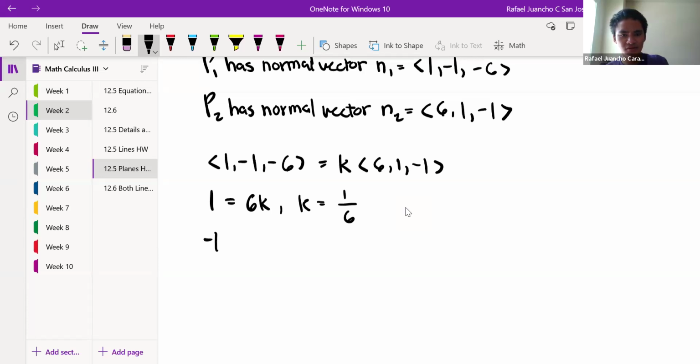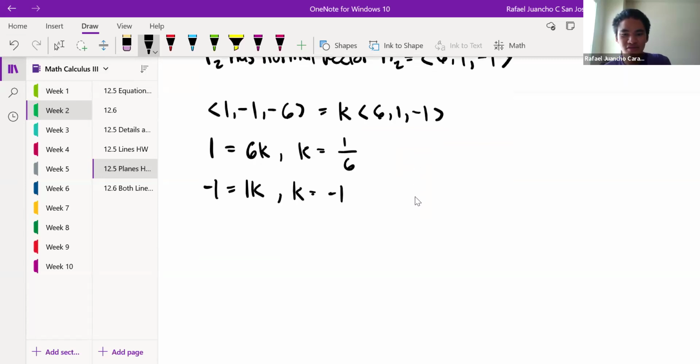Then -1 equals 1k, so k is -1. So these two k's are not equal, so it doesn't scale. We can even try the last one. It's the same thing, and this gives us a k of 6. So they're not equal. So it means it's not parallel.